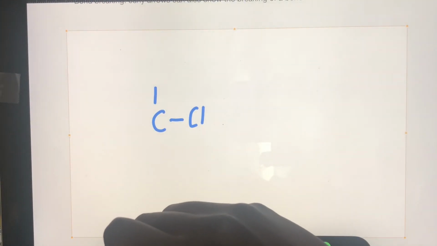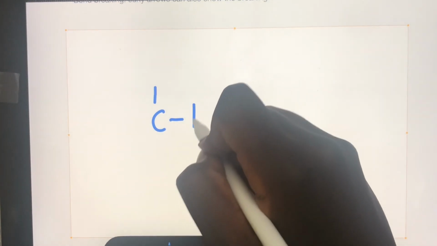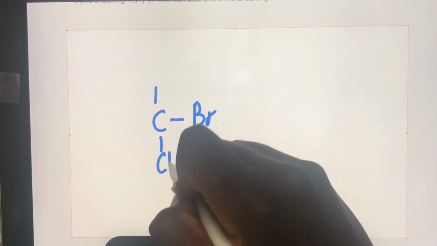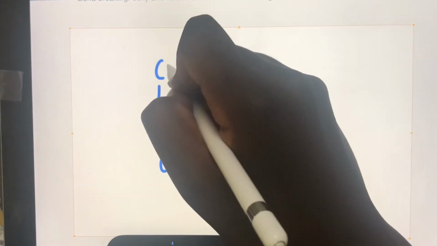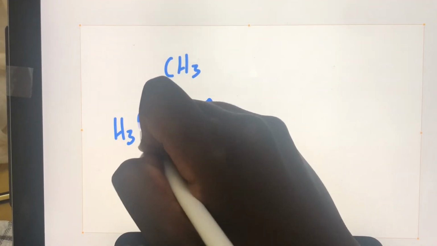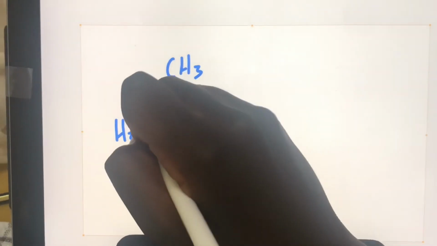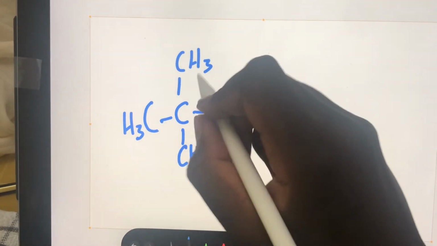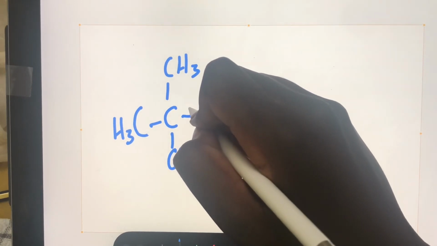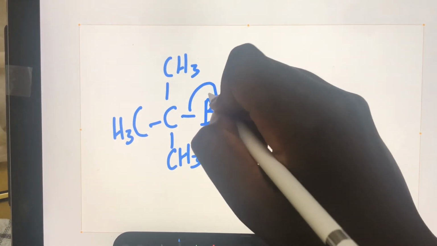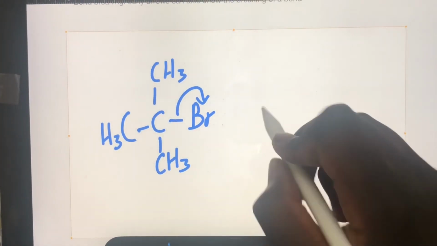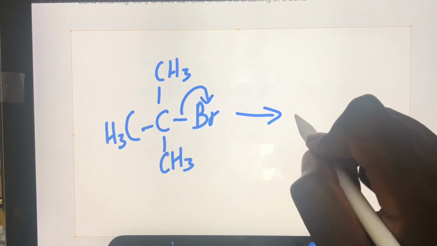Shall I do it the other way around? Actually, it probably makes more sense to do it here. Alright, so if I wanted to show the bond breaking, I'm going to show the electrons in this bond going to this positive here, the bromine, showing the breaking of a bond.